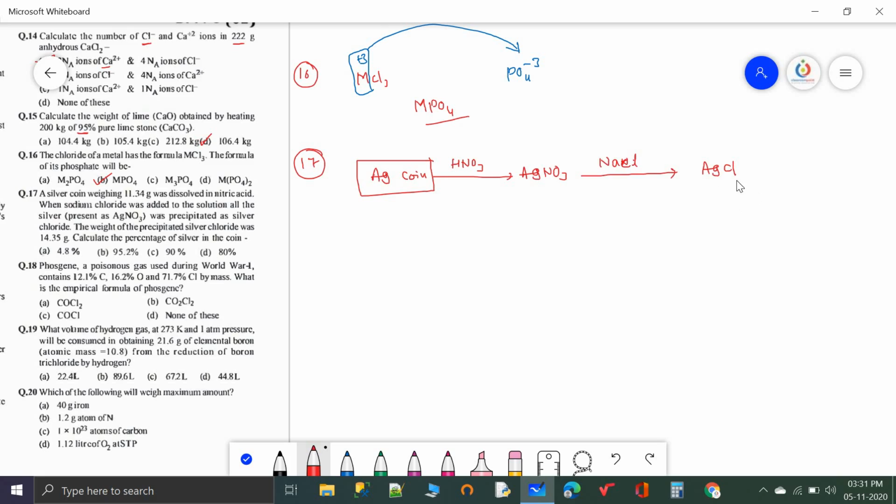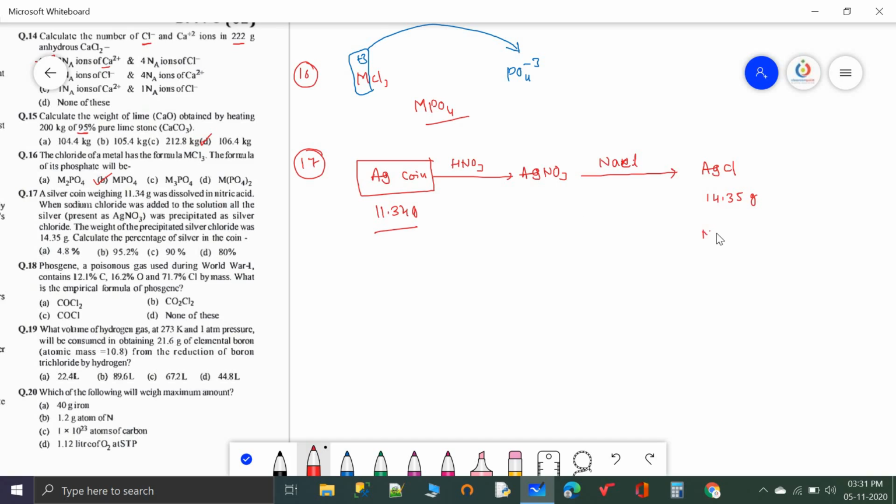And how much mass of silver chloride is formed? It was 14.35 grams, and the silver coin mass is 11.34 grams. This is the initial mass of the silver coin. Finally, the silver is converted to silver chloride and the total mass is 14.35 grams according to the question.